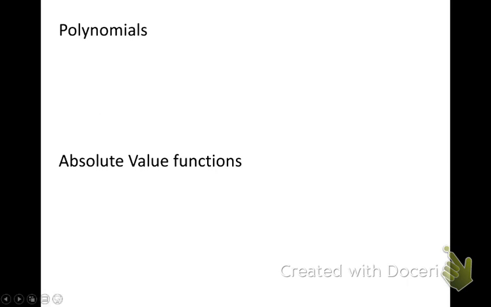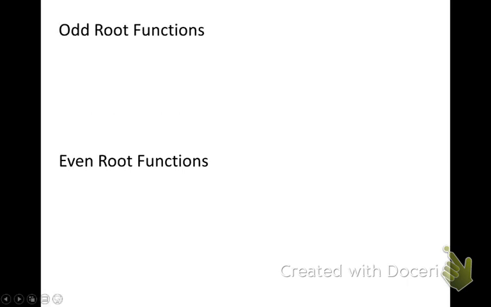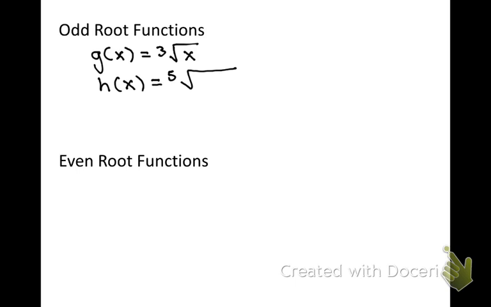Okay. Let's look next at odd root functions. So when we talk about odd root, we're talking about cube root, for example. That's going to be your most common odd root. But the index can be any odd number. So we might also have something like the fifth root of the quantity x minus 2.